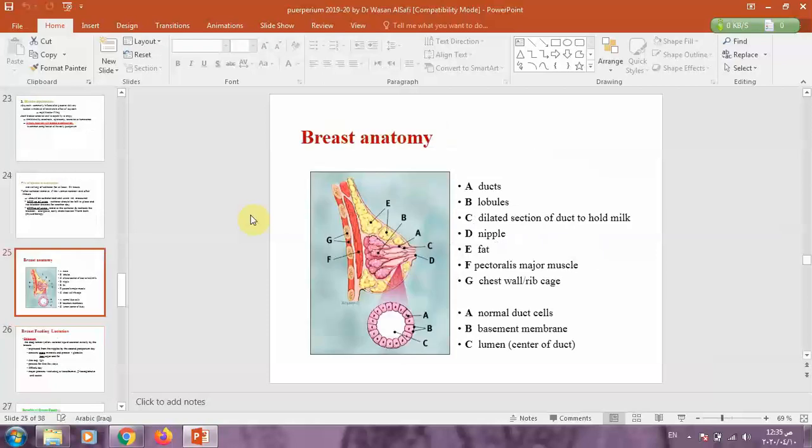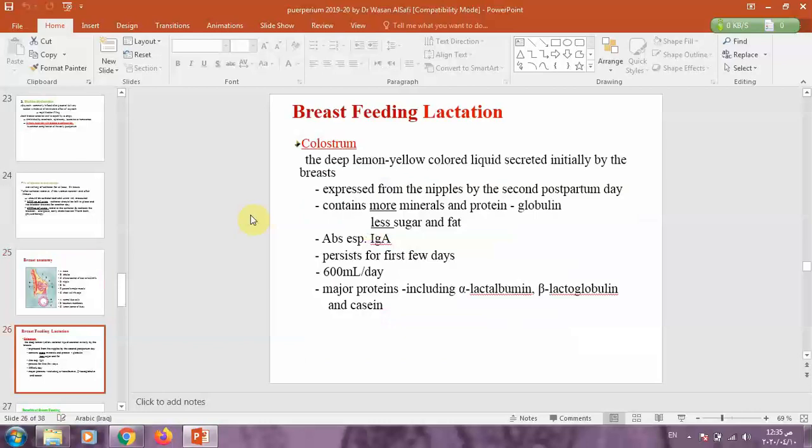This picture shows you details of the anatomy of the breast, and each point is marked with A, B, C, D, E, F, G, and all these are parts of the breast. Regarding lactation, we all heard about the colostrum.